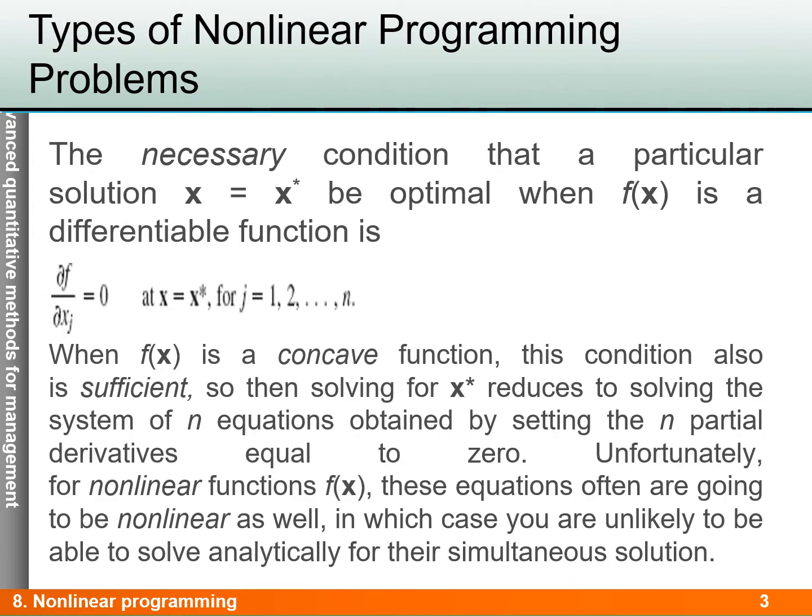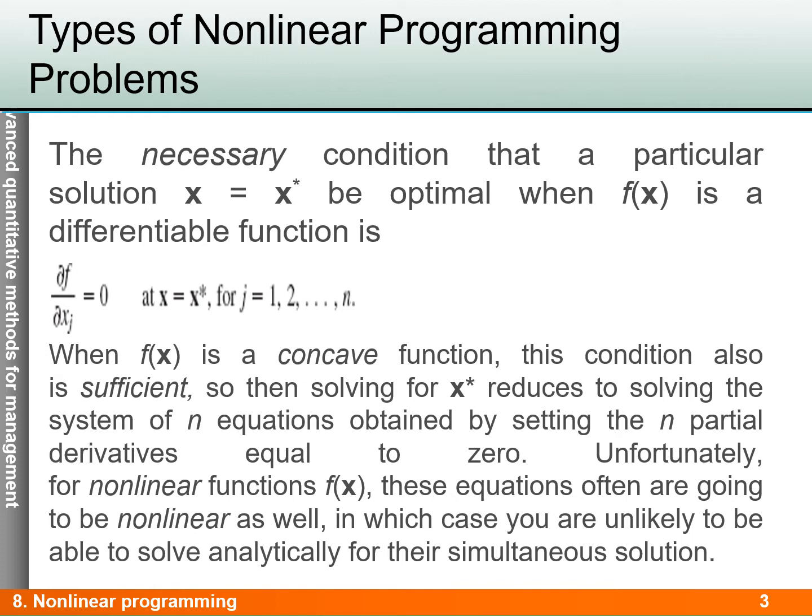In an unconstrained optimization, the necessary condition that a particular solution x equal to x star be optimal, when f(x) is a differentiable function. What is the meaning of that? Easily, it could be derived. Okay, it's derivable.